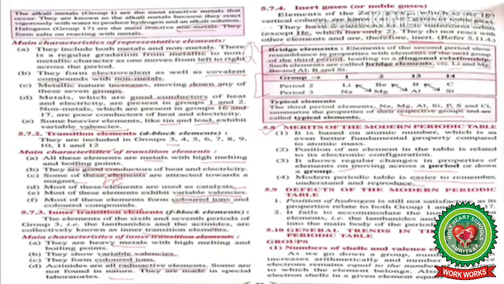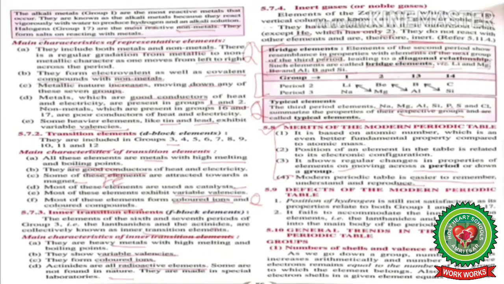So you can get questions here: what are bridge elements and what are typical elements. And you can also get a question here, state the merits of the modern periodic table and state the defects of the modern periodic table.